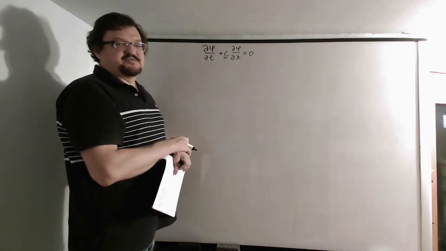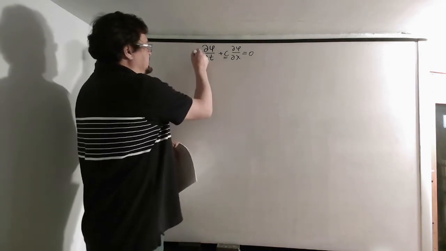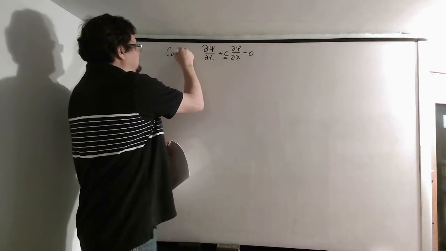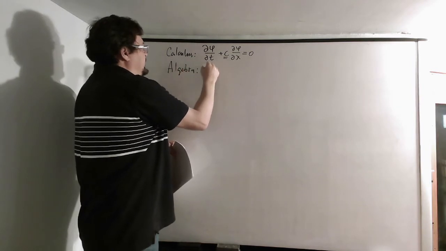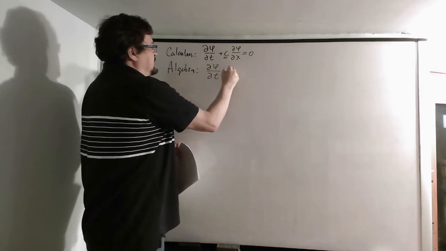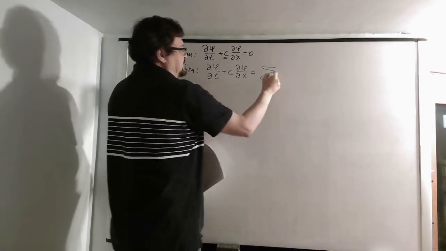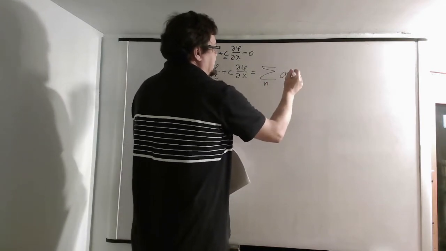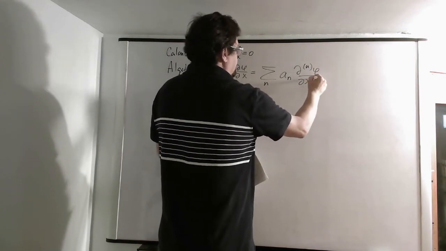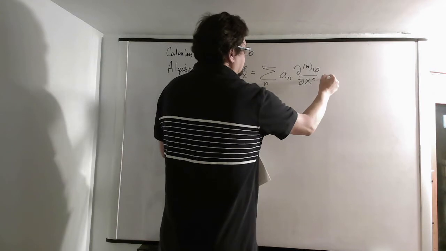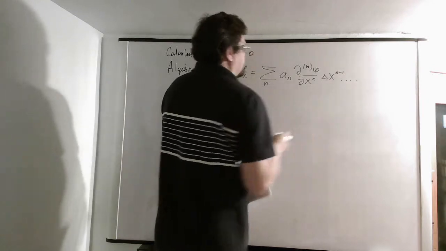But when we move to algebra, to numerical representation of this equation, we have shown that, so this is calculus, and this is our algebra, we actually move from this equation to an equation where the right hand side has a bunch of terms like some nth order derivative of phi, times delta x to the power n minus 1, and so on.